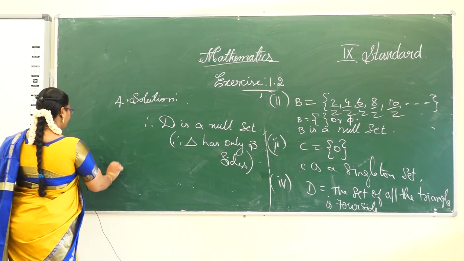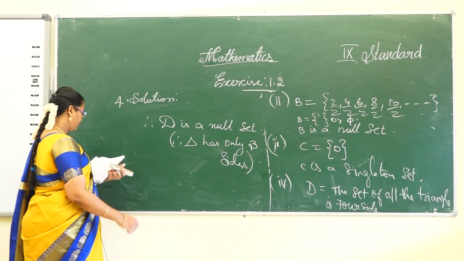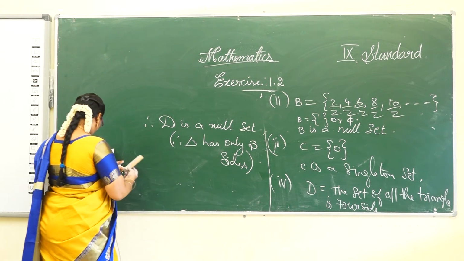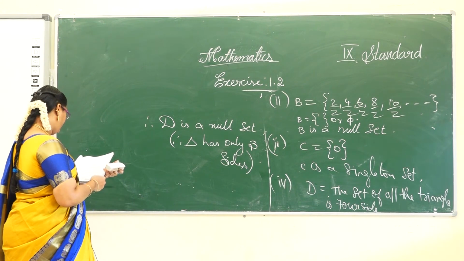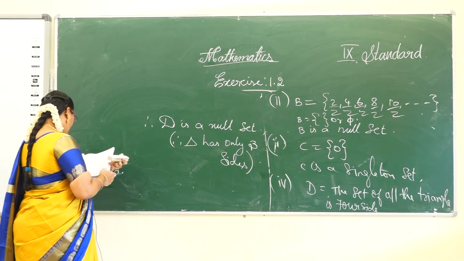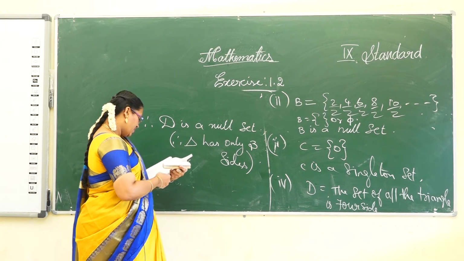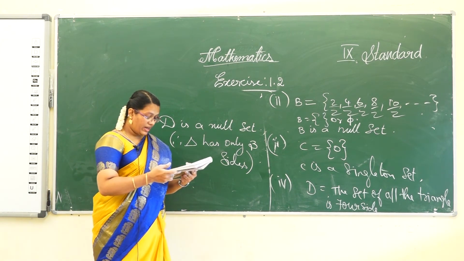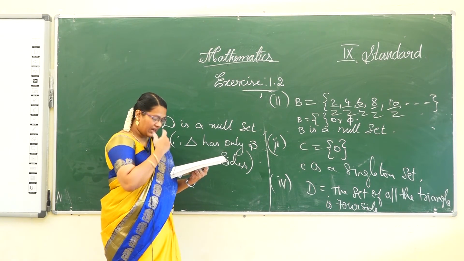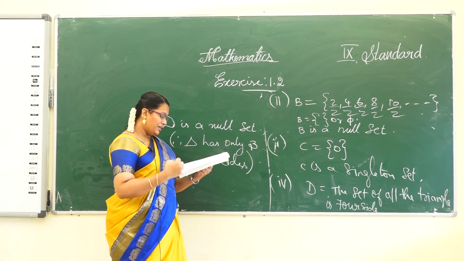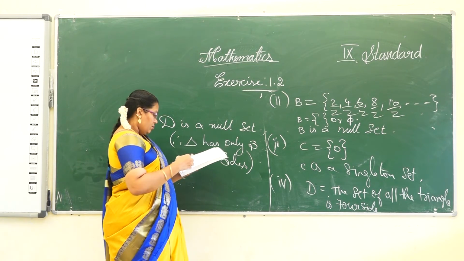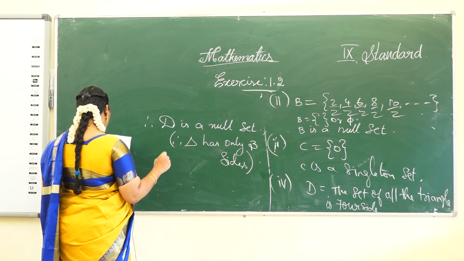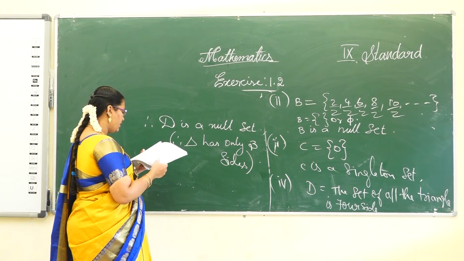And fifth problem: if S is equal to square, rectangle, circle, rhombus, triangle, list the elements of the following subsets of S. So first question: the set of shapes which have 4 equal sides.